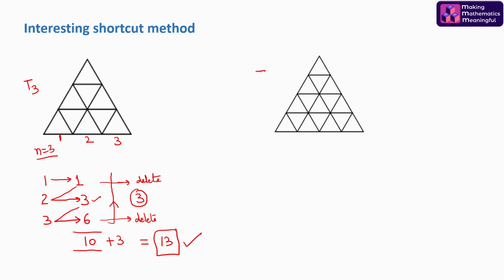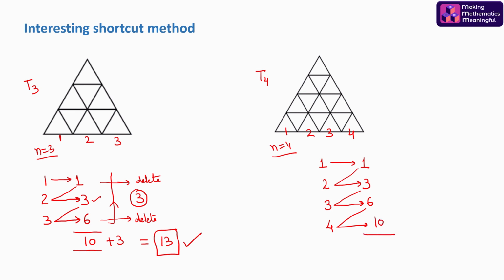Let's quickly verify this in this T4. So n is equal to 4. So just consider the case, this is 1, 2, 3 and 4. Write the numbers like this: 1, 2, 3 and 4. Write this number 1 as it is. Now to this number 1, add this number 2 and write it over here. 3 plus 3, 6. 6 plus 4, 10. Add all these numbers.